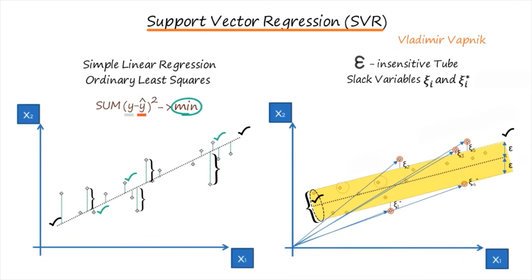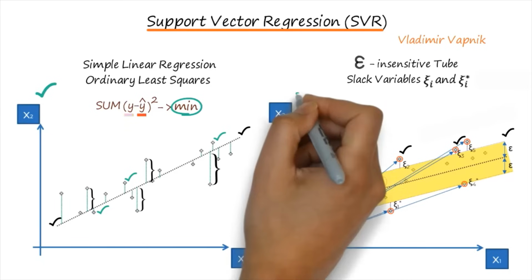So SVR gives a little bit of buffer in our model. And at the same time, for the points outside this epsilon insensitive tube, we do care about the error. So try to understand the most important point. In the simple linear regression method, we have a regression line and we are finding the distance from each and every point, meaning how far they are from this regression line, and we are squaring them up and minimizing them.